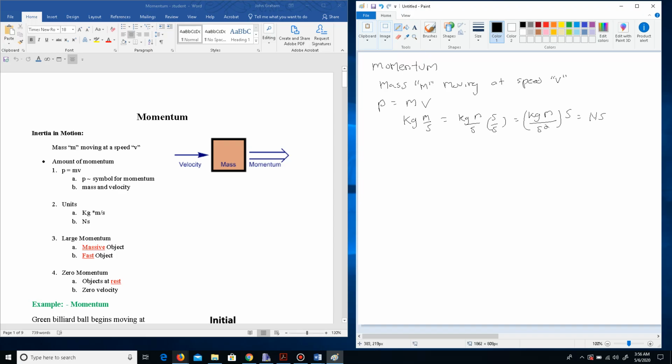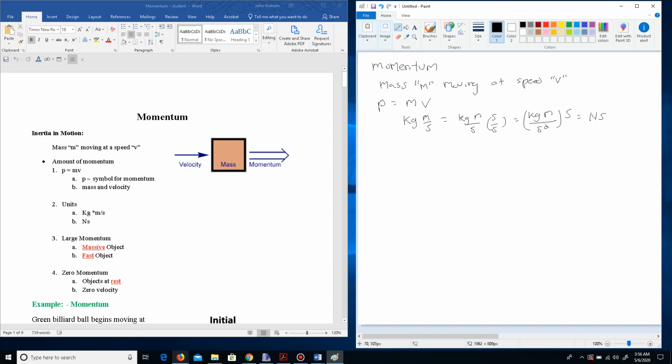So we have a couple units you can use. This is the quicker way of writing the unit. This actually follows the equation, so it's probably the easier one to remember. Either one is fine. We don't make up a new unit for momentum for some reason.